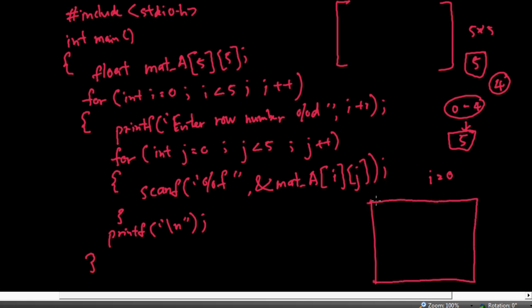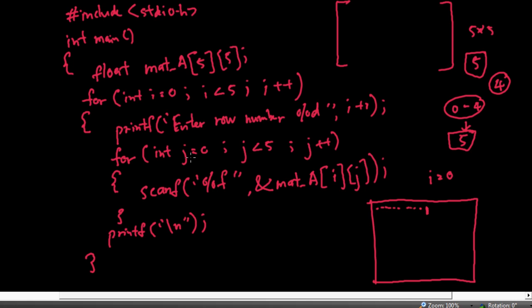Now what is this number? It's equal to i plus 1. The reason why I didn't put i is because you'd be asking the user to enter row number 0, which is unsensible. So I put a plus 1 there. So 0 plus 1 equals 1. You're asking the user to enter row number 1 of the matrix.